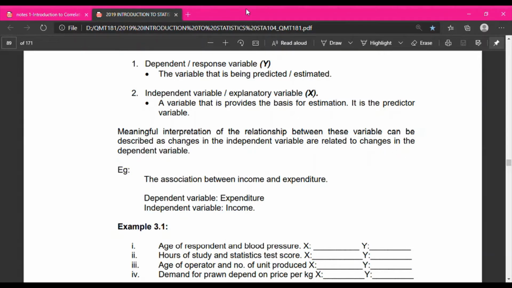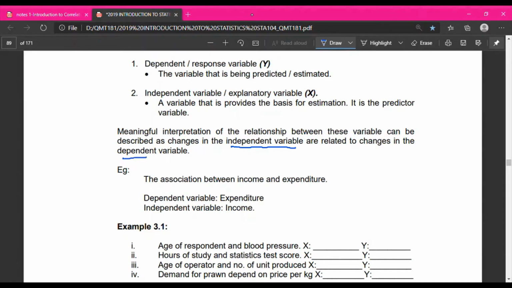Okay, so relationship ni juga we can define it as the changes in the independent variable are related to the changes in dependent variable. So means that when independent variable change, so the dependent variable will be changed as well. Sebab apa? Sebab dependent variable y, okay, depend on variable x.